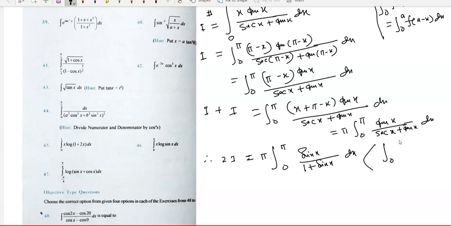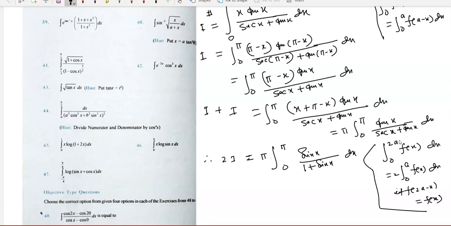We are in a position to apply this, that the integral from 0 to 2a of f(x) dx is equal to 2 into the integral from 0 to a of f(x) dx if f of 2a minus x equals f(x). But I think you can do it without using that even. I is equal to pi by 2, you multiply numerator by 1 minus sin x.